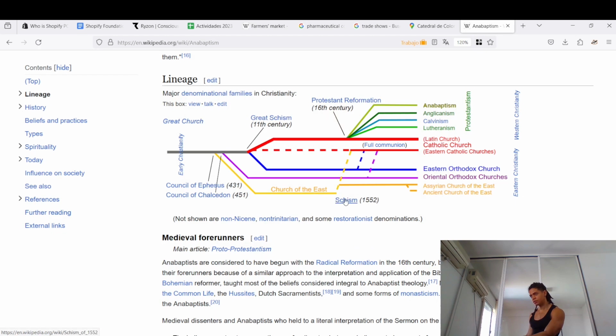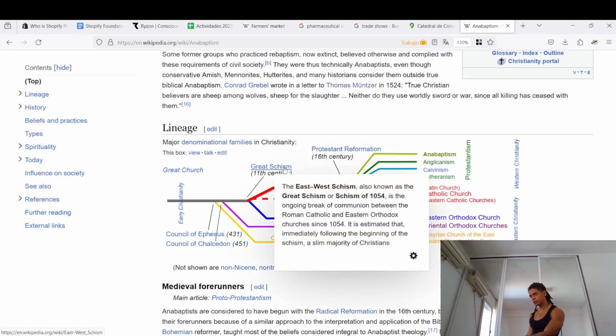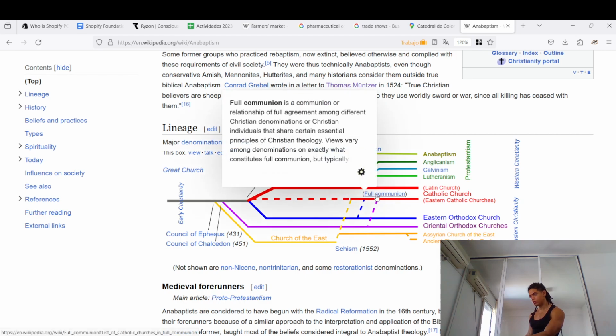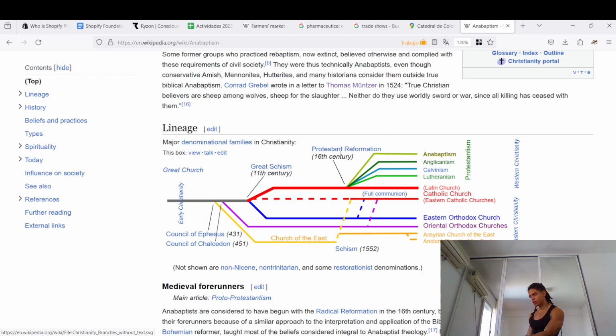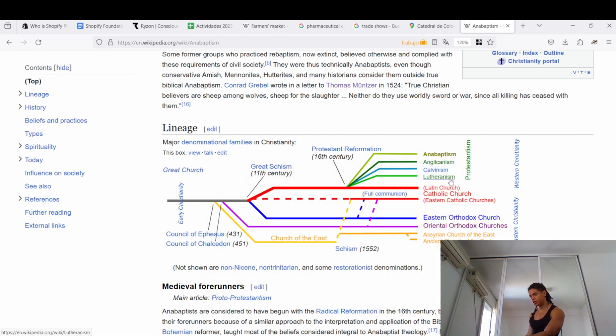Church of the East. Great Schism. Eastern Orthodox. Full Communion. Protestant Reformation, Anabaptists, Anglicans, Calvinists, Lutherans.